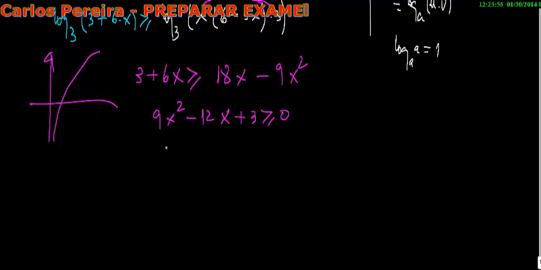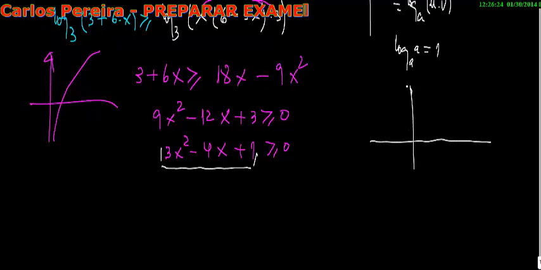And I will have 3x squared minus 4 times x plus 1 greater or equals to 0, okay? You must understand now that this here is a quadratic function, and the value of a is positive. This means that the graph of this function will be something like this, you see? Are you understanding what I'm saying?